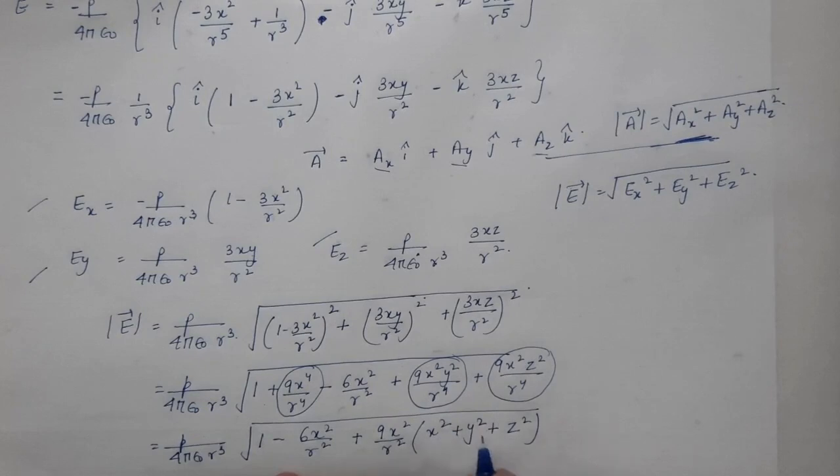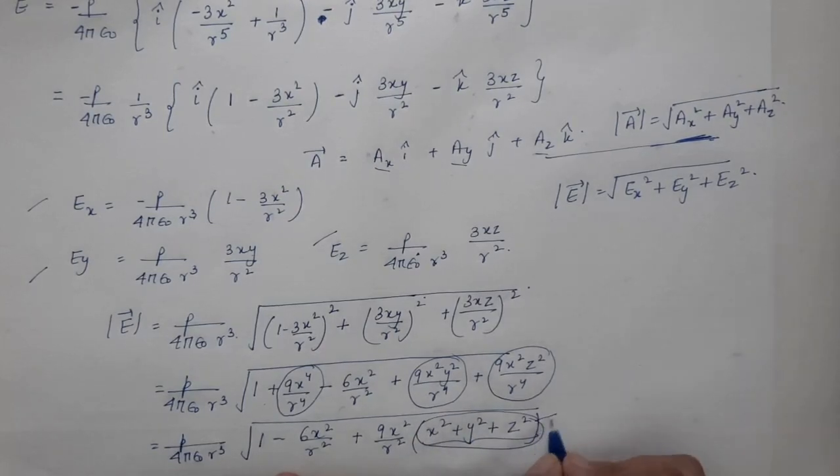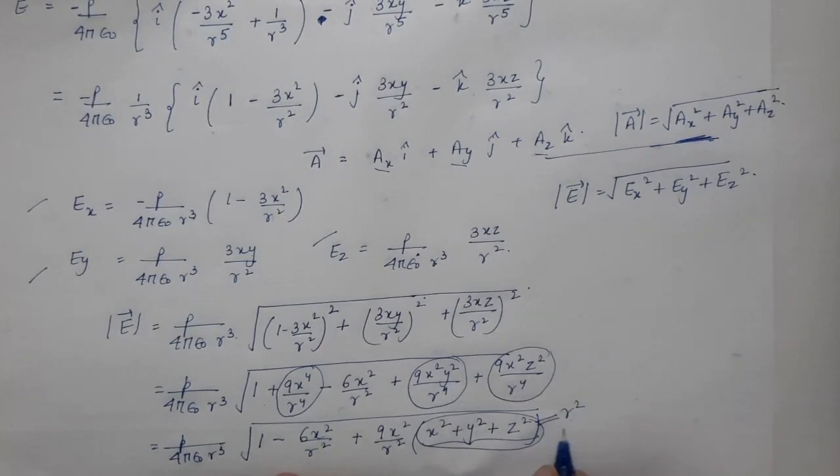Now what is this x square plus y square plus z square? On the previous page we have written that r square is equal to x square plus y square plus z square. So we can replace this term by r square. So this r square will cancel with the r square in the denominator.